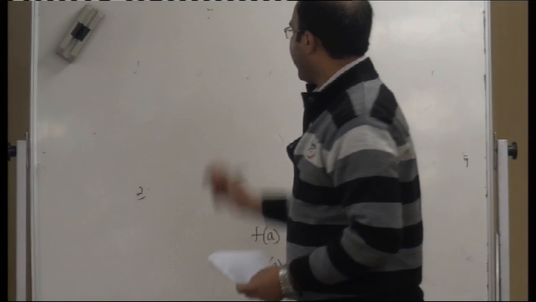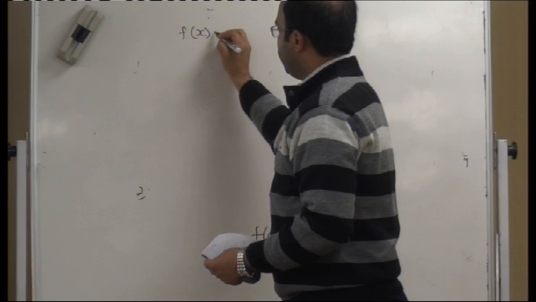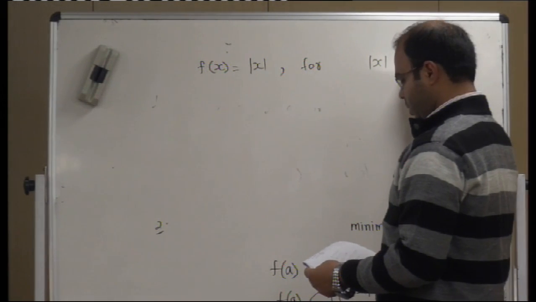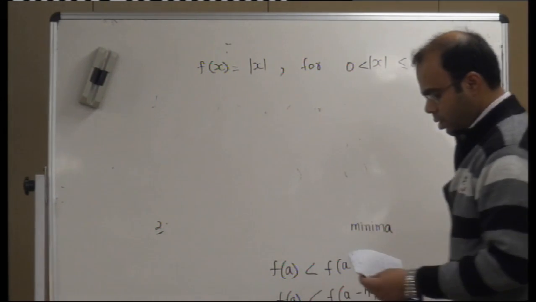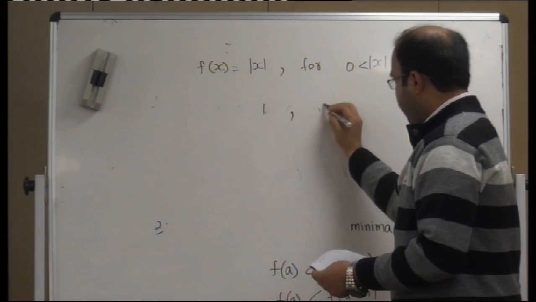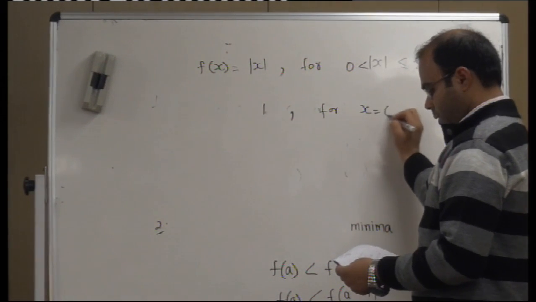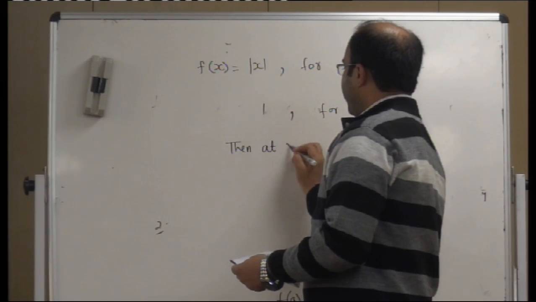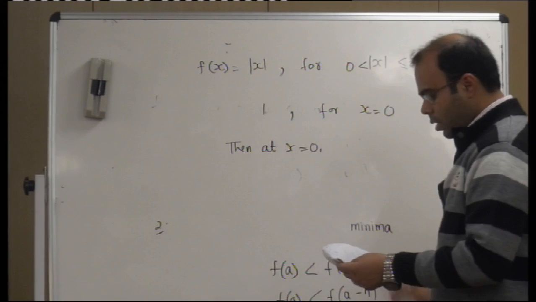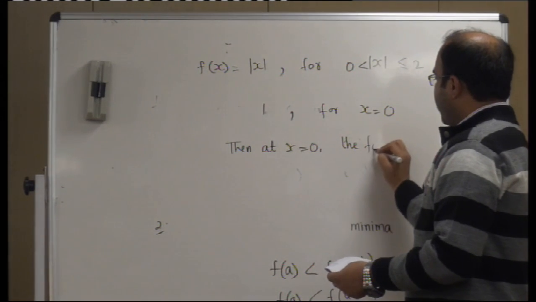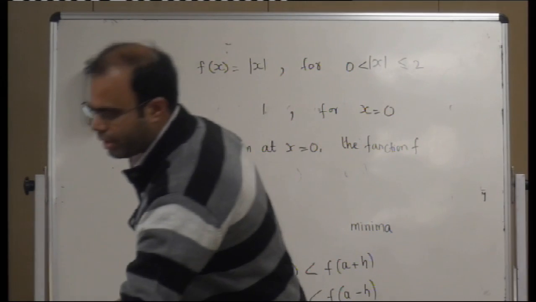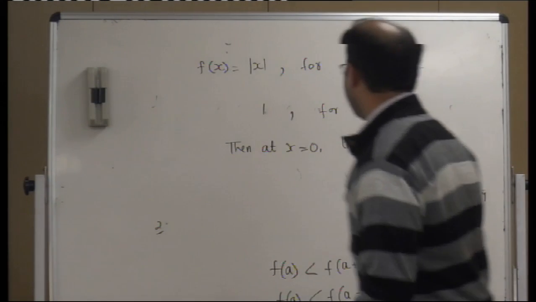It is f(x) equal to mod x for mod x between 2 and 0, and it is 1 for x equal to 0. I am not giving you the options right now, though options were given. You just have to tell whether the function f at x equal to 0 has a maxima, a minima, or nothing.